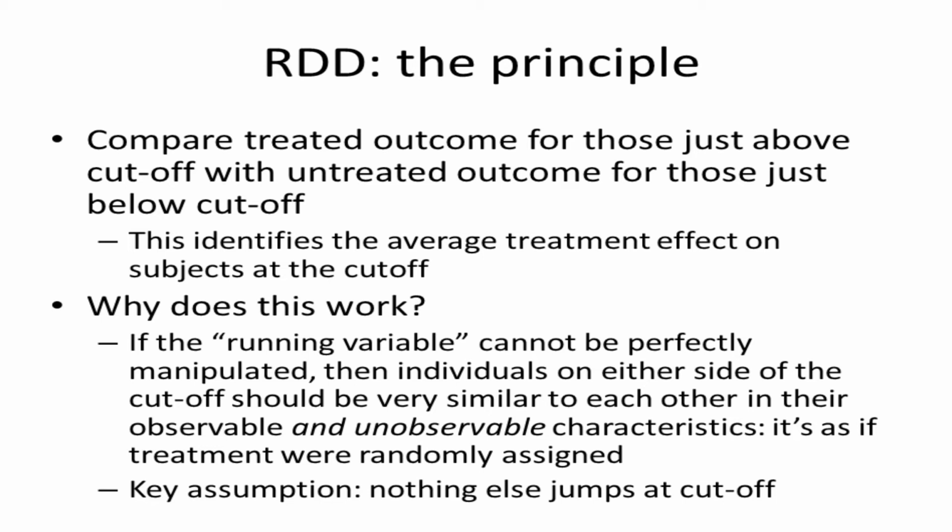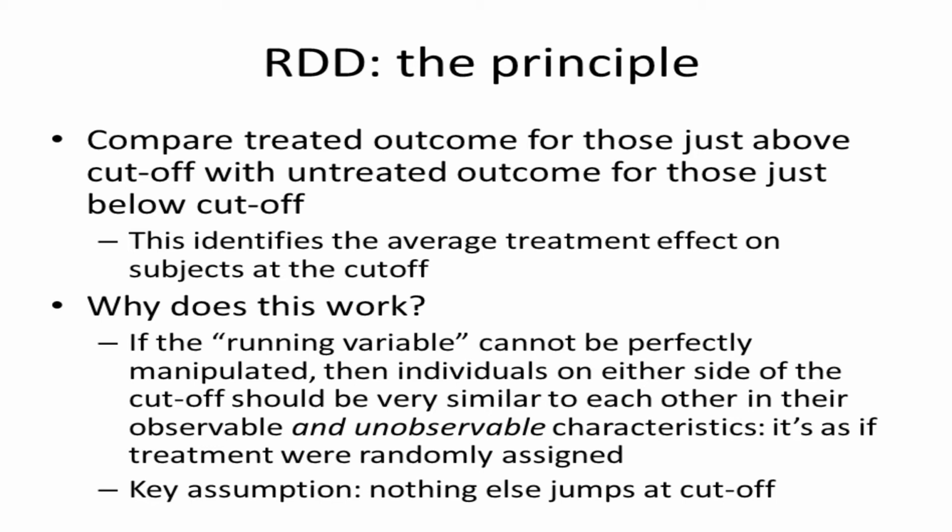If it can't be, then individuals on either side of the cutoff should be very similar to each other, not just in terms of x, the running variable, but also in terms of all the other things that you can't measure and would like to measure, and which might affect the outcome of interest. So it's not just that a 15-year-old and a 16-year-old are close in age. They're also similar in all the other things which might determine whether or not they get the flu. That's the idea, to use that example.